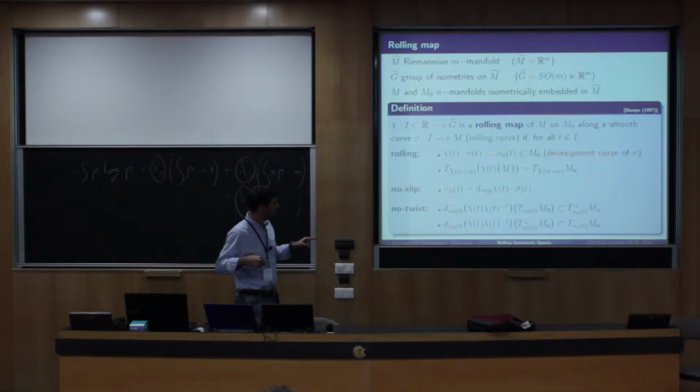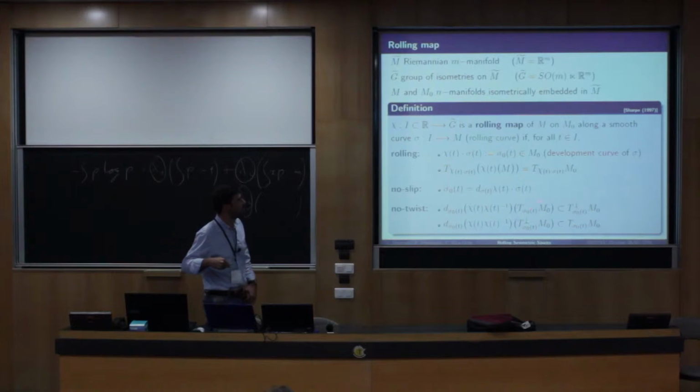And we have two complementary conditions that describe the no-twist conditions of rolling. That means that when we differentiate the operator k dot k inverse, where k is the rolling map, this differential operator maps tangent vectors into normal vectors and normal vectors into tangent vectors.